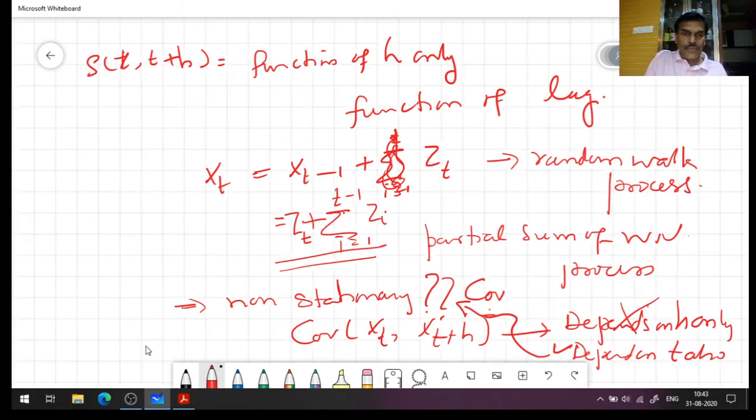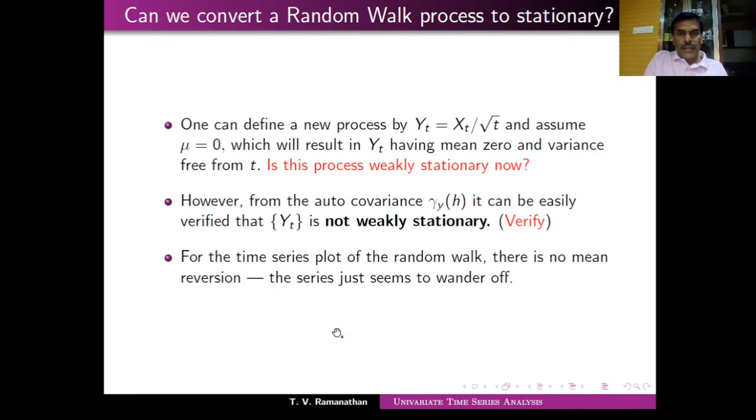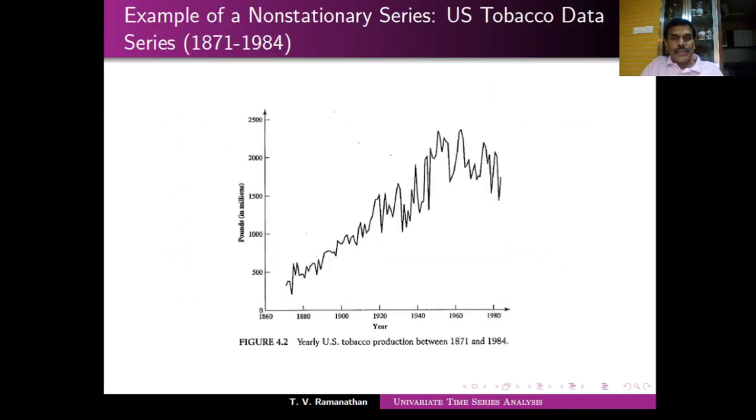Okay, let's go further. What is the behavior of this process? If you look at it, it doesn't have mean reversion. I'll show you with some examples. See this particular process: it doesn't come back. Mean reversion means it has to be moving around somewhere in the middle.